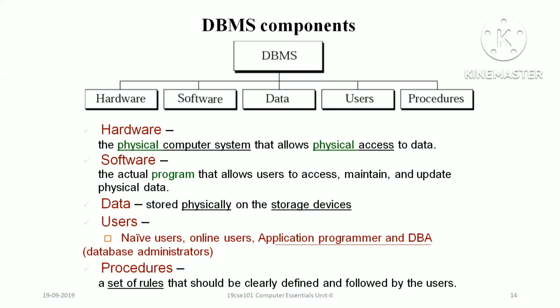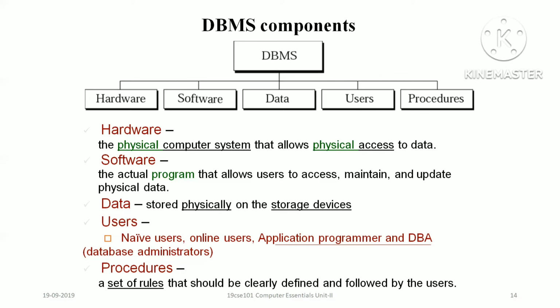Understood about online user and naive user? Now let's talk about the application programmer. What is meant by application programmer? Application programmers are those users who actually write the program.